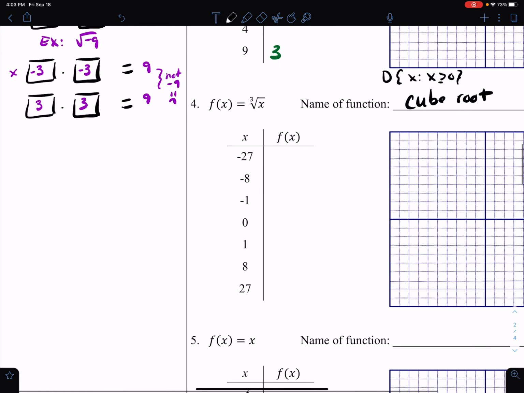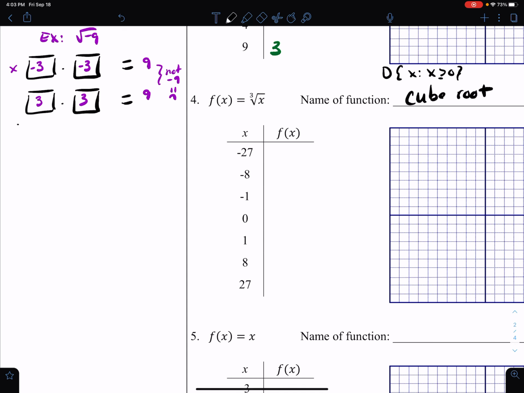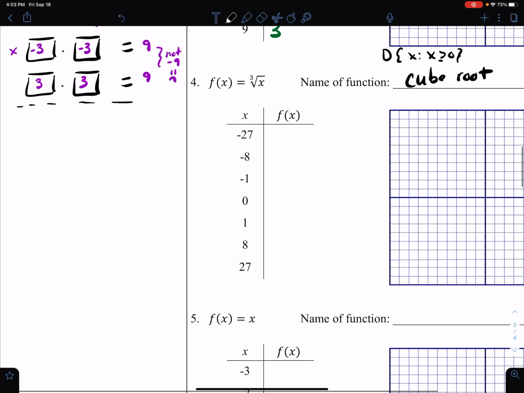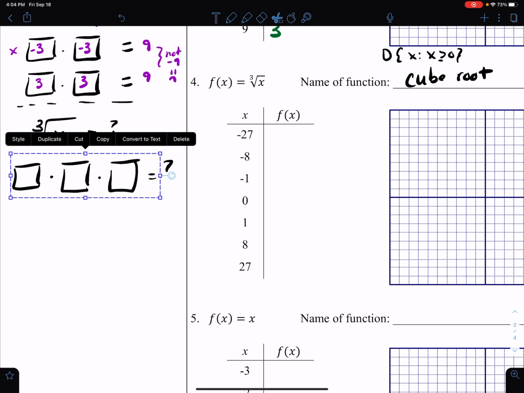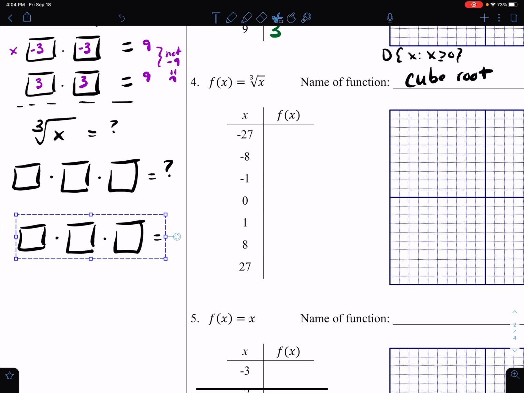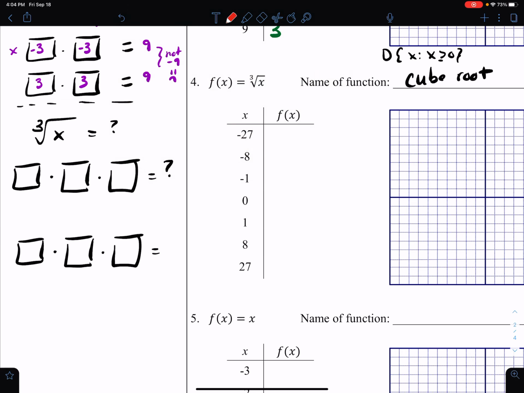We then moved on to the cubed root. We just talked about that as a function. We said, well, it's really the same thing. When I think about the cubed root of x, rather than writing 2 boxes for the square or the second root, we would just write this box 3 times. So here we compared what it is going to look like for positives and negatives. For instance, our first example was the cubed root of negative 27.